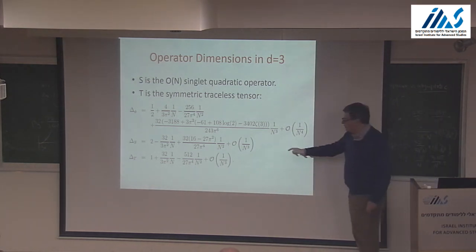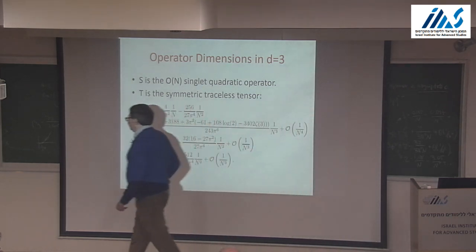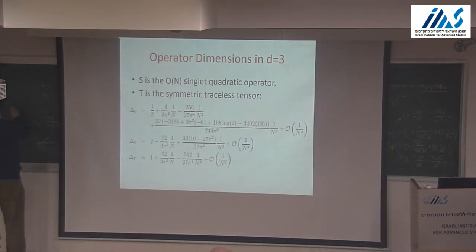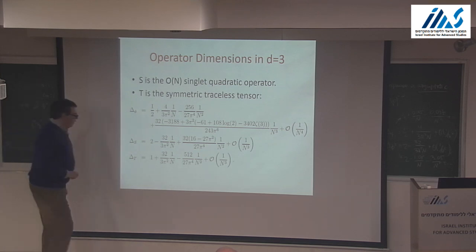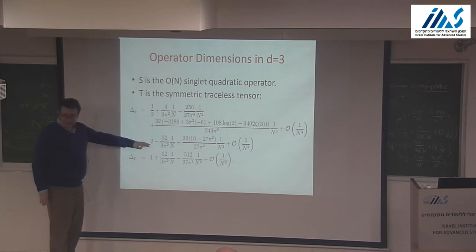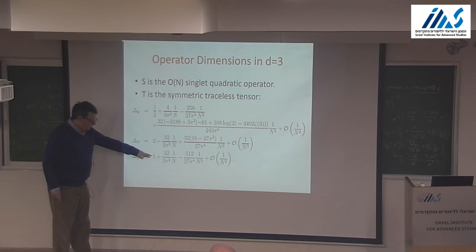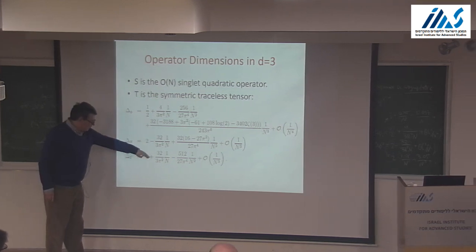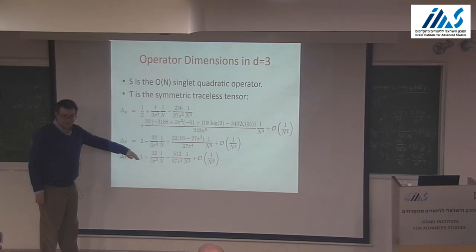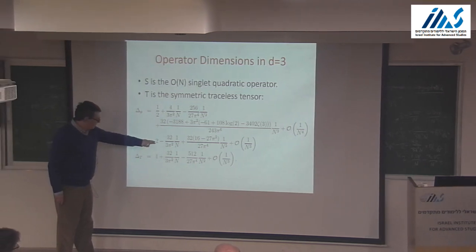Right, so T is just the traceless tensor. Okay, and you see that they have rather dramatically different properties at large n. Like this one does approach 1. It's only this one that approaches 2. So this one is very close to the free field kind of limit, while this one is not.